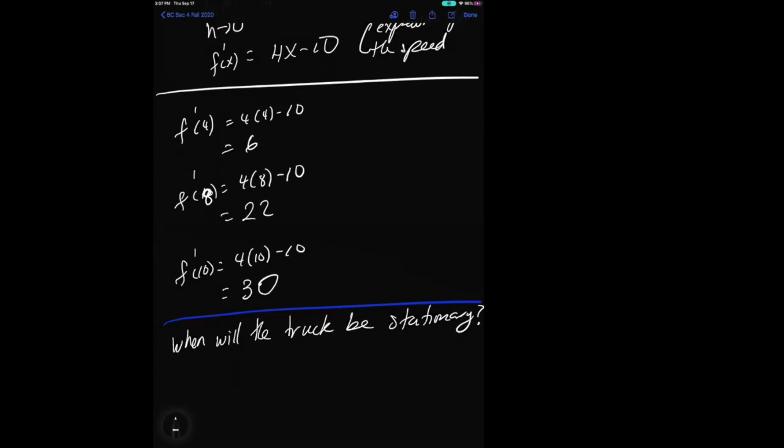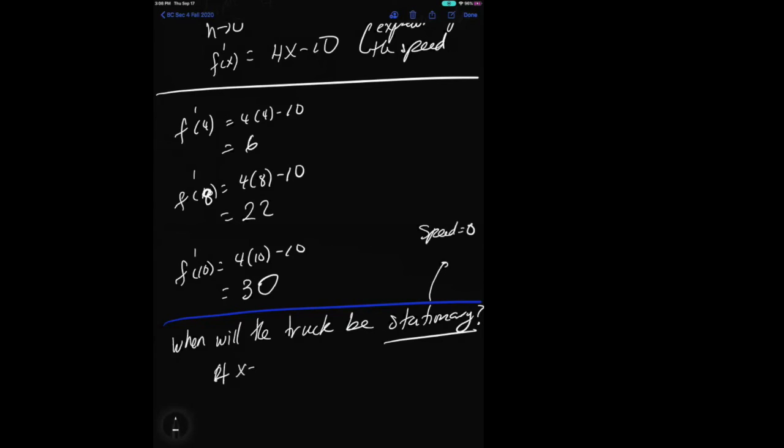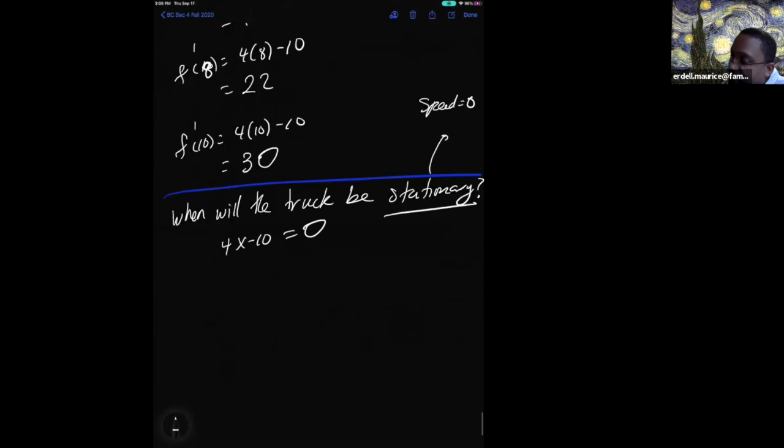Well, because it's stationary, it means the speed is 0. Right? And so we take the equation that gives us the speed, 4x minus 10, and we set that equal to 0, and we solve for x. So we add 10 to both sides.